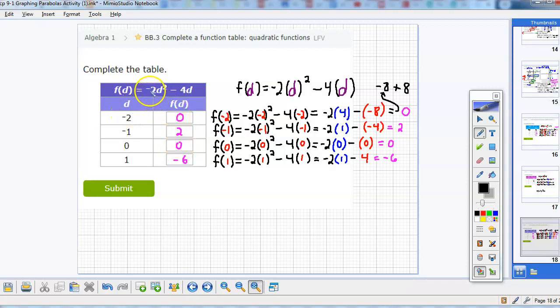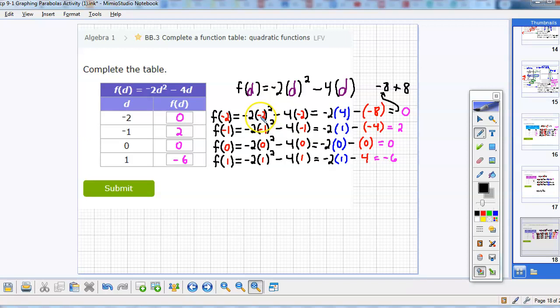So looking at this, we've got a -2, that's our coefficient in front of the squared term. I tried to make the different colors here just to help you out. If we have function f at -2, I have to plug the -2 in. And I have to remember to put parentheses around that if I'm using a calculator, otherwise you're probably going to be getting the wrong answers here.